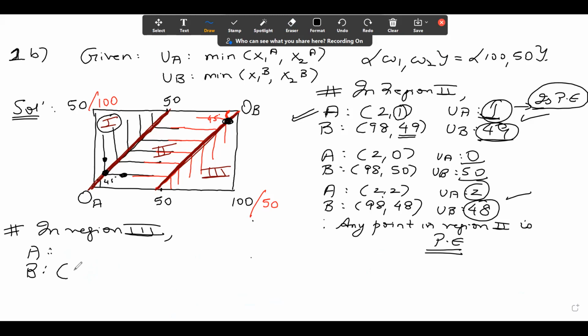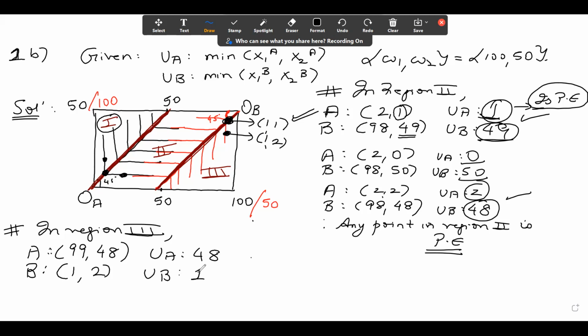So if I take a point, say 1, 2, from B's origin it will lie somewhere here. Then how much will A have, guys? 99, 48. Utility which A gets from its own bundle is 48. Utility which B gets from its own bundle is 1.